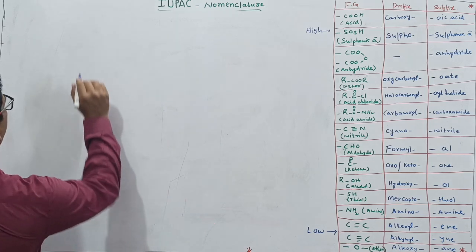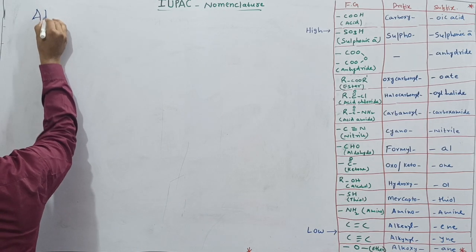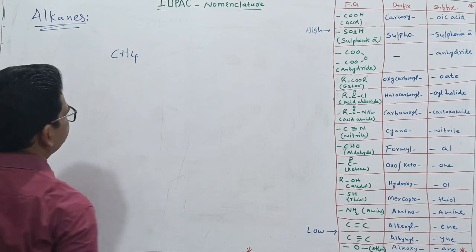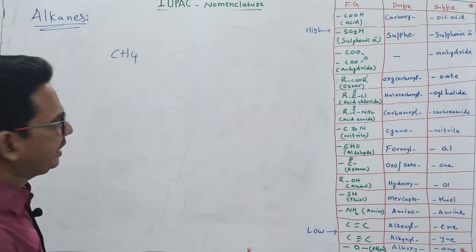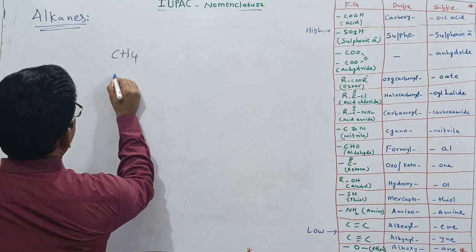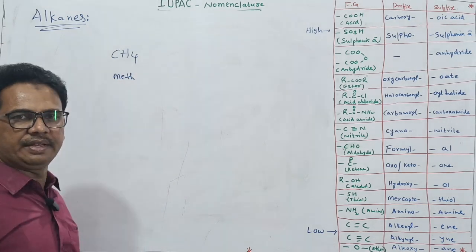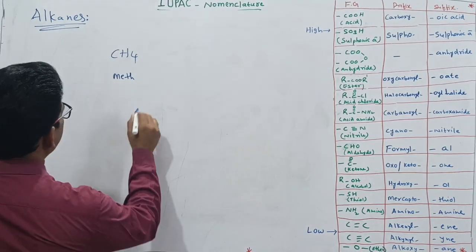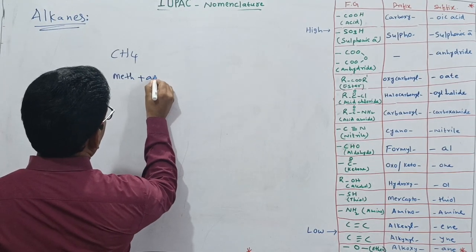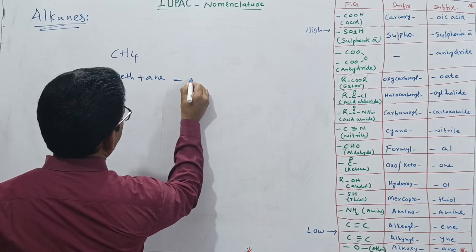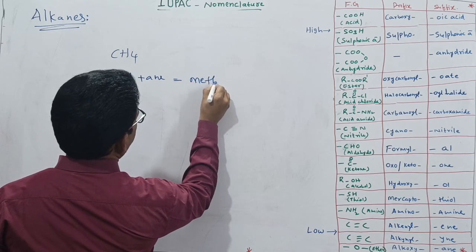How will it be? For example, you can think of the alkane CH4. The word root for this one is meth. One carbon means we are calling it meth. Then we add the suffix ane. Then we write it as methane.